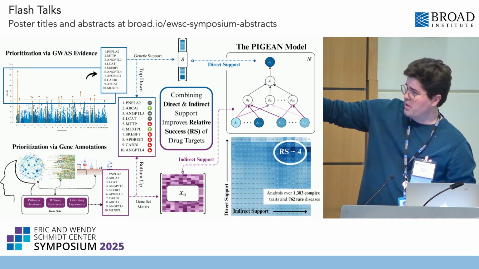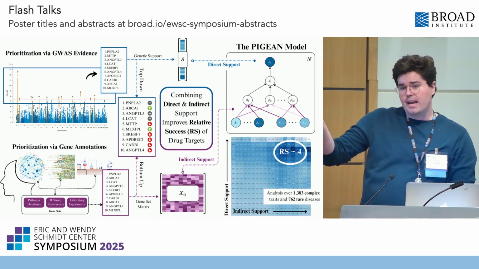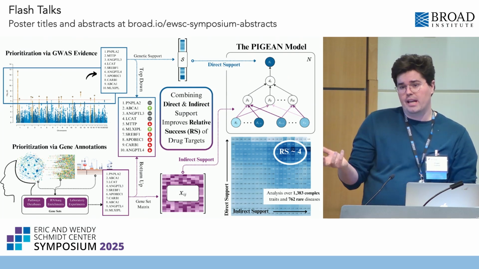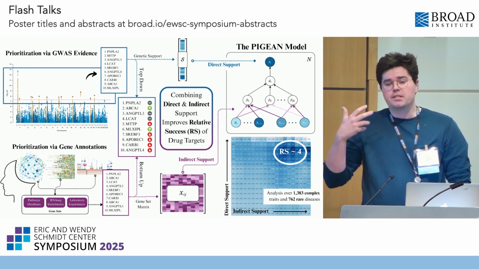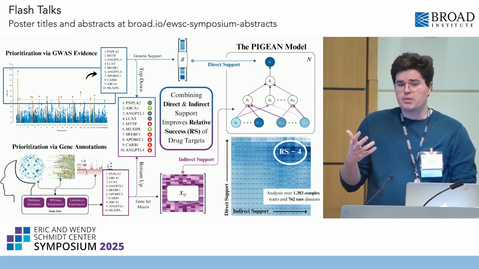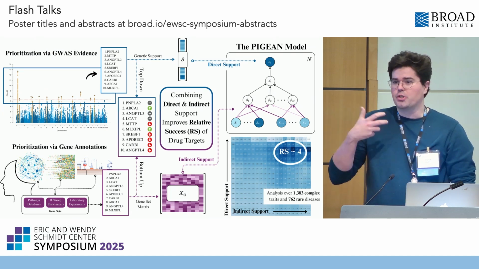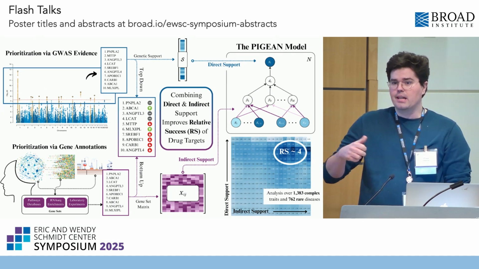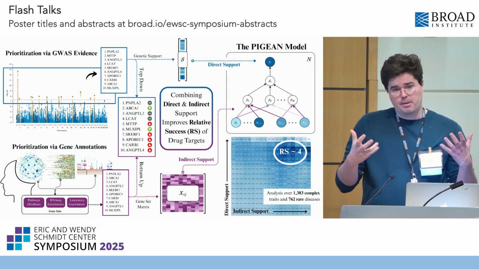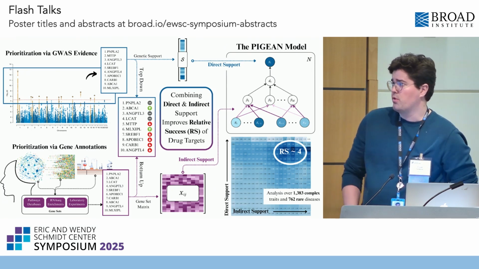So what I'm going to walk you through here is our current model of how you integrate genetics with functional annotations. Because while genetics supports drug target discovery, I think a lot of researchers are still using traditional methods of science, which are combing through the literature, doing our own experiments, collecting all of these types of relationships to then support what they are looking at for their drug targets.